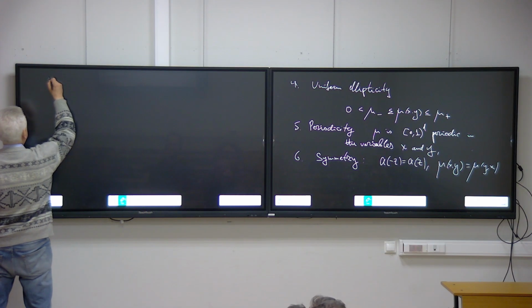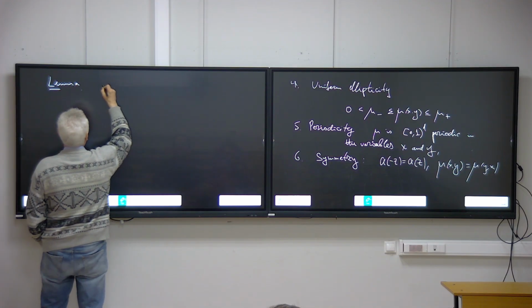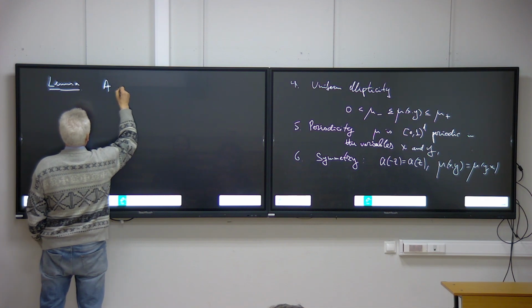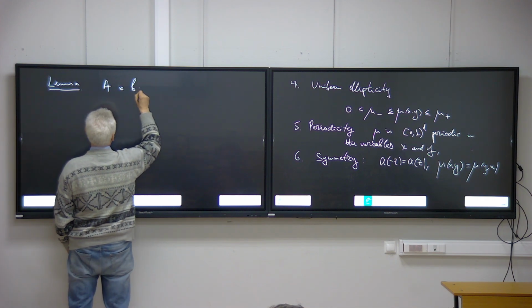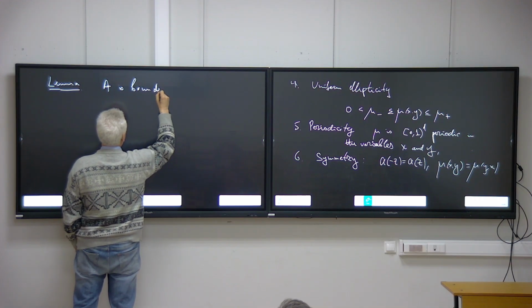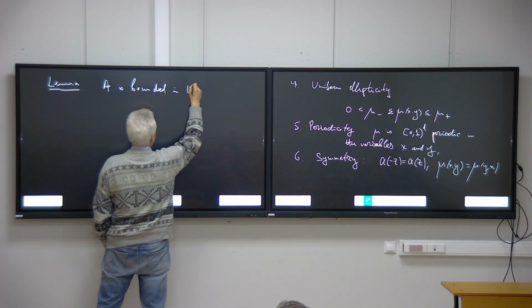So, a simple lemma. A is bounded in L2 of R^d.